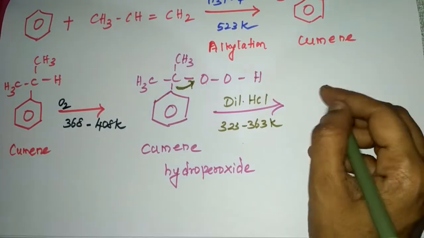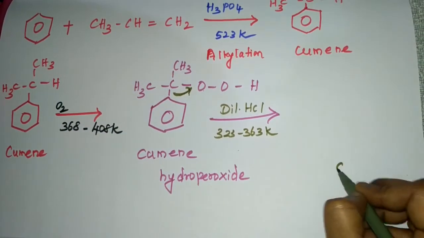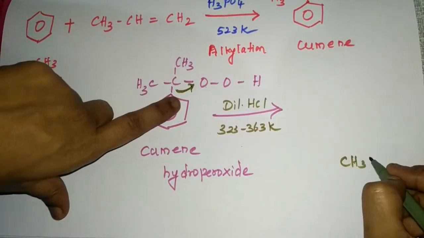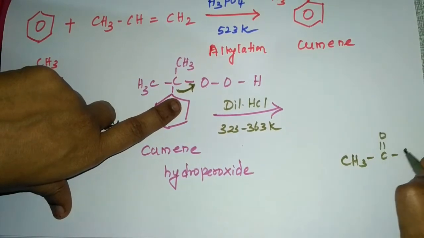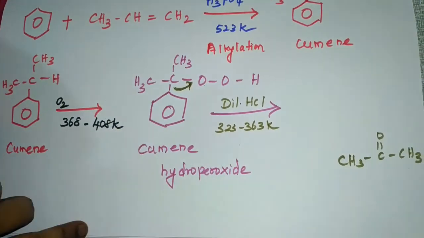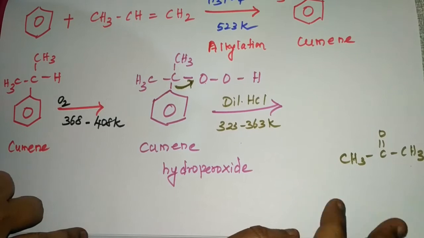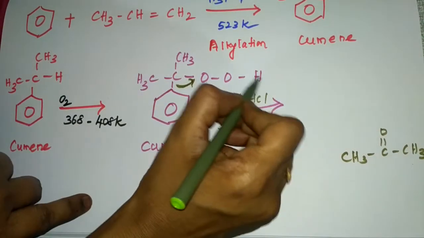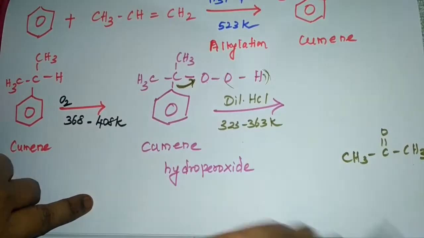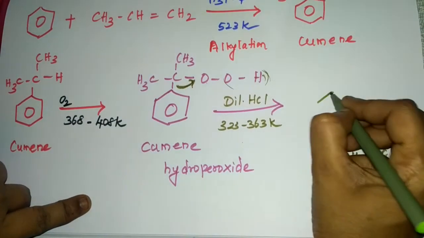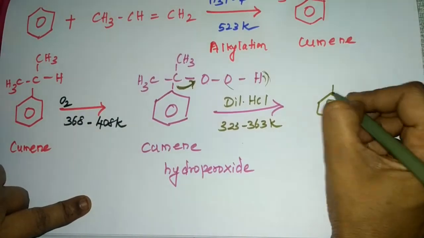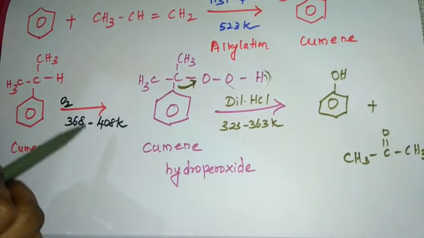So the product formed will be acetone, that is CH3 C double bond O CH3. This is acetone. And what else is remaining? This OH only is remaining, so plus phenol.